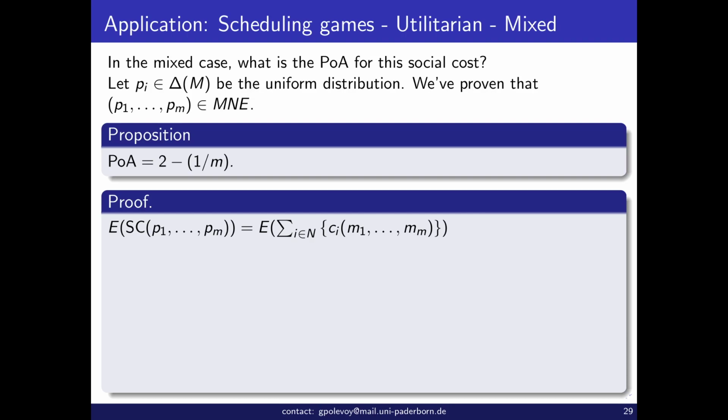So first, let us take a uniform distribution. We have already seen that it's a mixed Nash equilibrium, and that does not depend on the definition of social cost. So that is a mixed Nash equilibrium that we know.